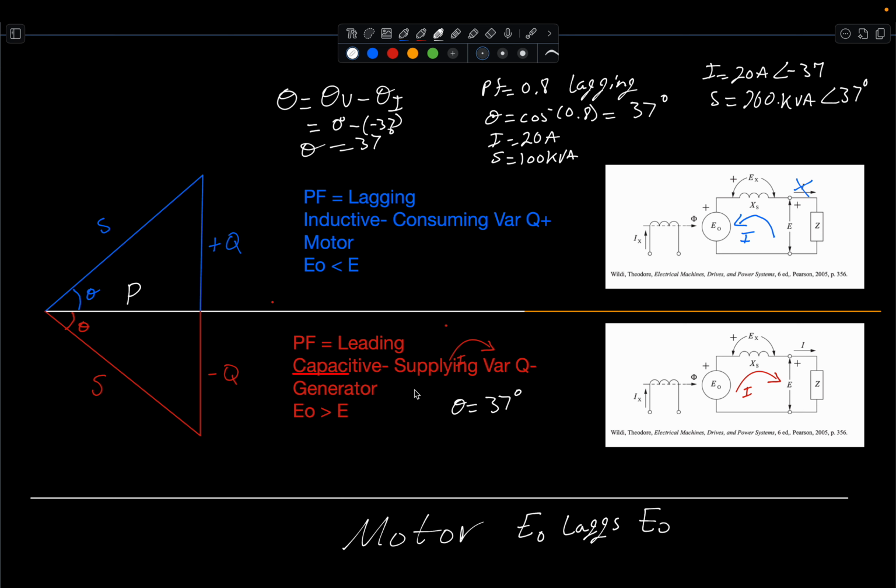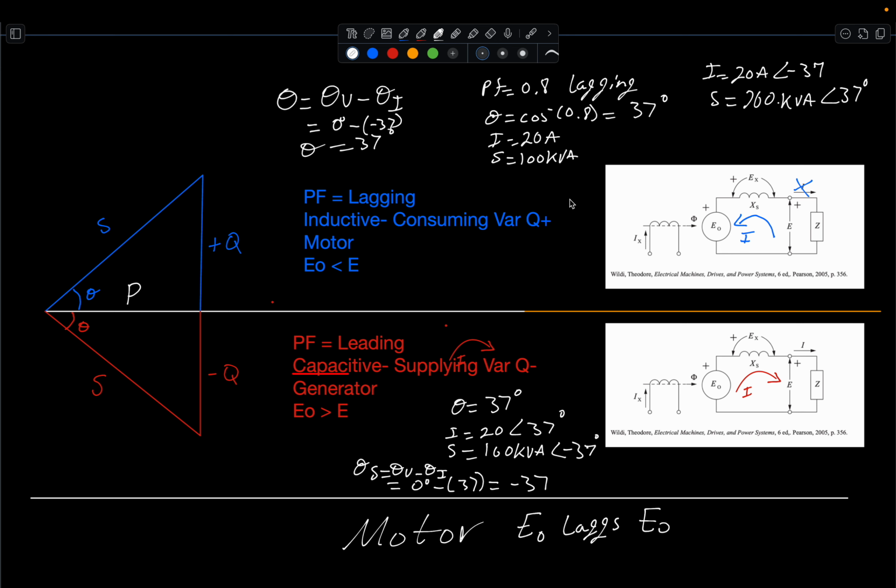Because it's leading, the current is going to be positive, so our current is going to be at 37 degrees. And our S is going to be at negative 37 degrees. The reason for that is because the angle for S, or just theta, is theta V minus theta I. So 0 degrees minus 37, you get negative 37.